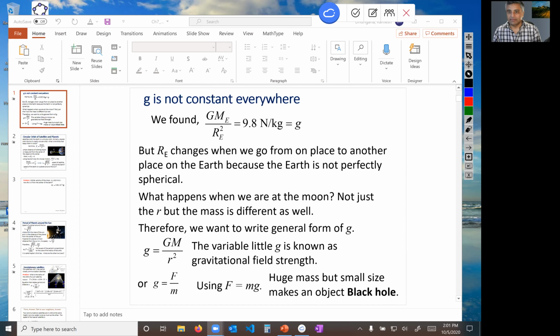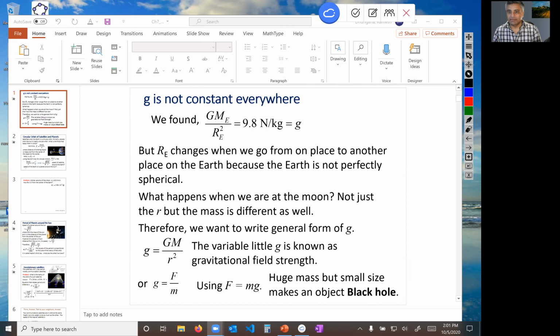For example, if you try to jump higher on the moon, right? Here, when I try to jump on the surface of the Earth, jumping 1 foot is kind of difficult for me. Yes, I know you guys can jump way more than that. But on the moon, I can jump 6 times more than that because g is 1/6. I can jump 6 times more than what I can jump here. So that's what this strength means.